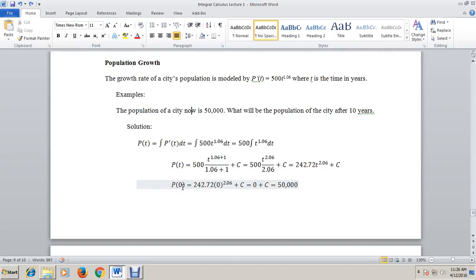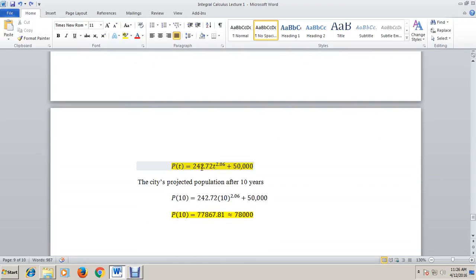Substituting the time t equal to 0 into the expression 242.72, 0 raised to 2.06 gives you 0. That means the value for c, where time is equal to 0, is 50,000. Substituting c equal to 50,000 into our original expression, p of t becomes 242.72 t raised to 2.06 plus 50,000, and this serves as a particular solution for p of t.